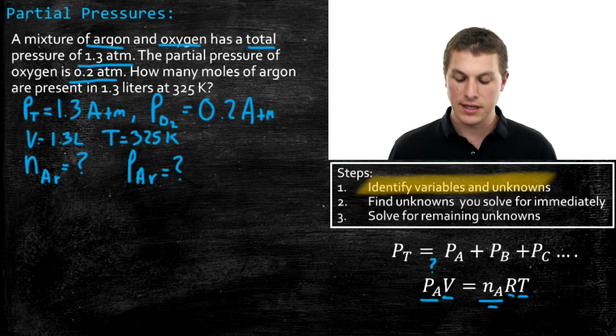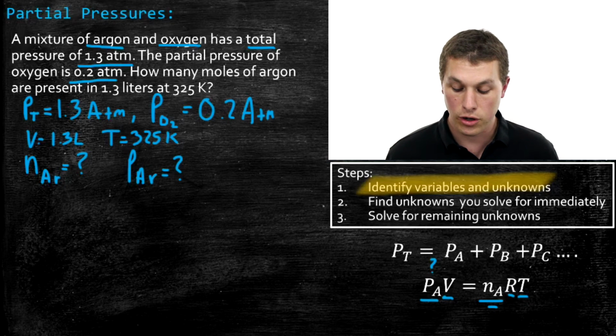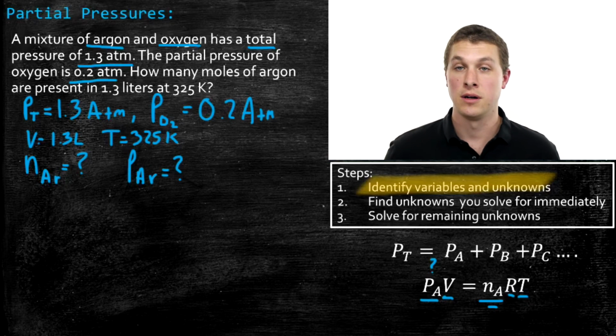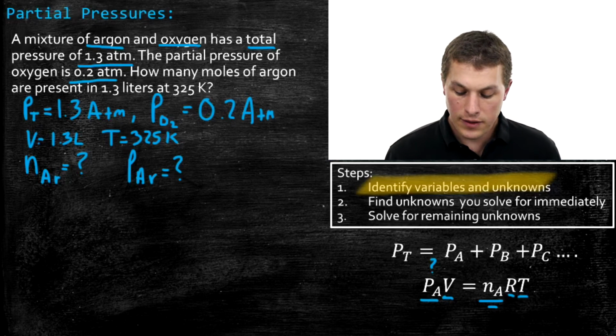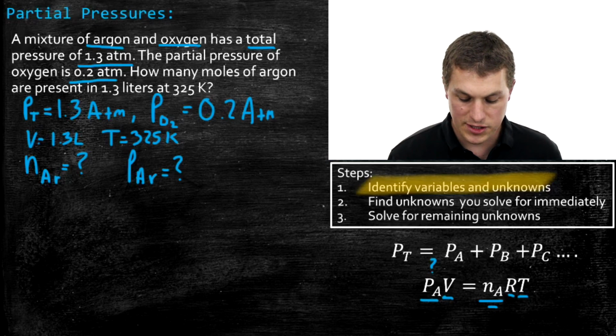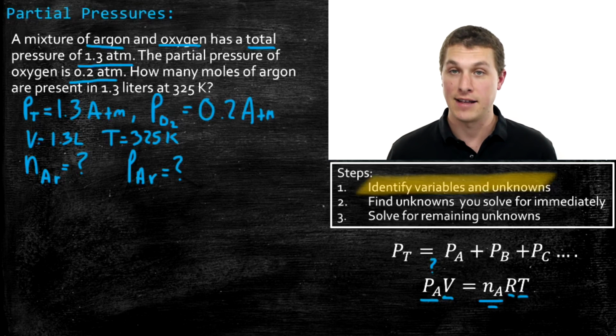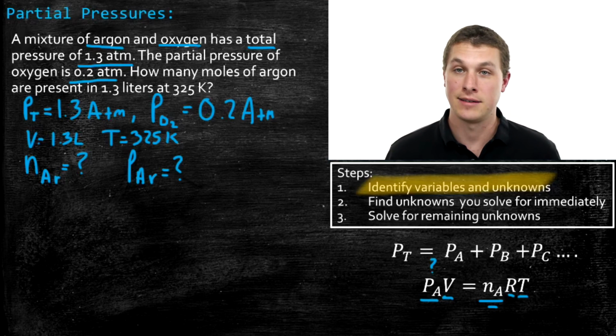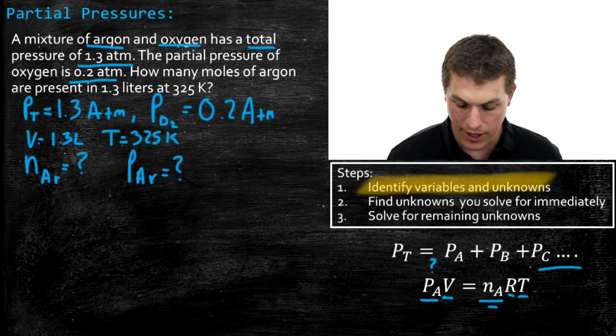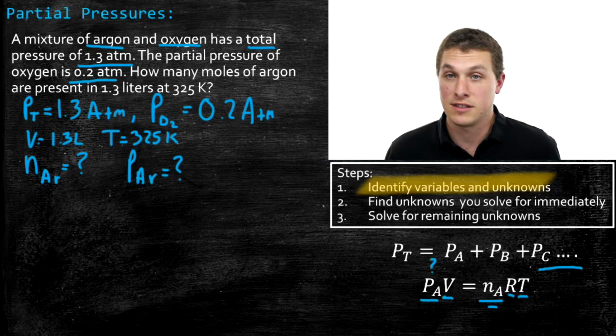And now we can see that if I take a look at my other equation about the total pressure, I can actually solve for the pressure of argon. How is that? Well, this total pressure equation just tells me that I can add up as many gases as I have. That's why there's A, B, and C. It's just saying if you have 3 gases, you can add them up. And then it goes dot, dot, dot, because it's saying if you have more gases, you can just keep adding them up.